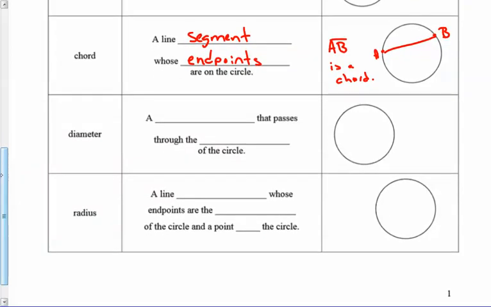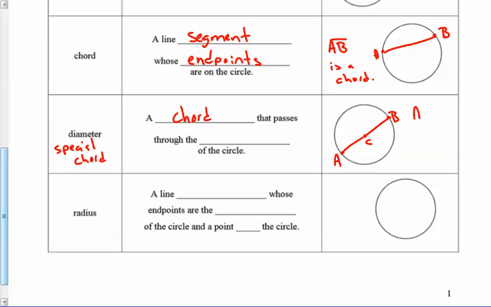A diameter is a special chord, right? This is a special chord because its endpoints are on the circle. So AB still has endpoints on the circle, but C is the center.